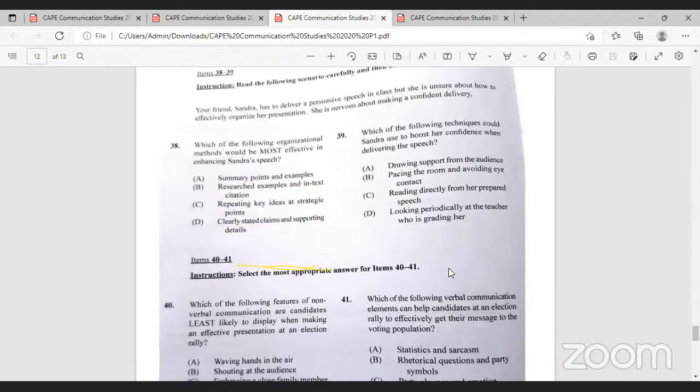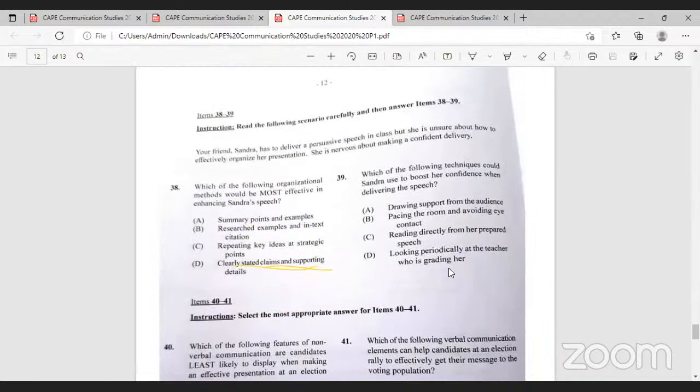Right? Next. Your friend Sandra has to deliver a persuasive speech in class, but she's unsure about how to effectively organize her presentation. She's nervous about making a confident delivery. 38 asks, which of the following organizational methods would be most effective in enhancing Sandra's speech?